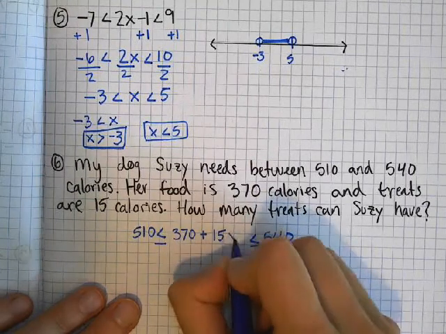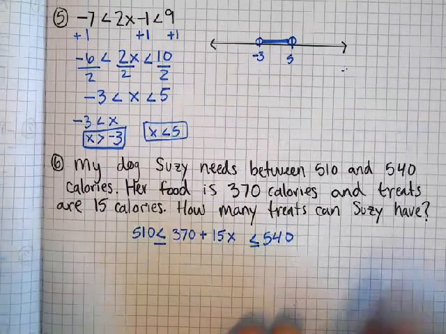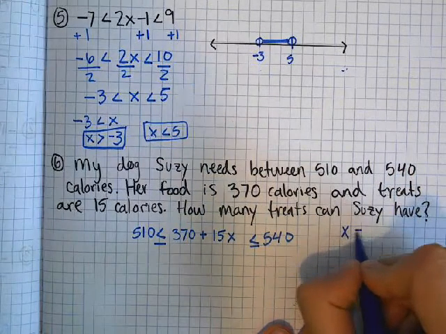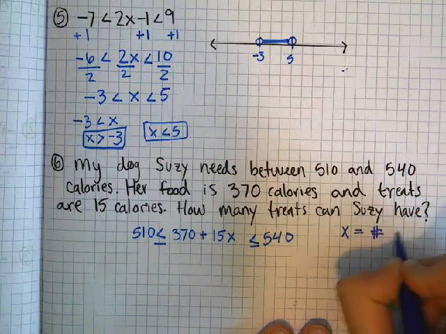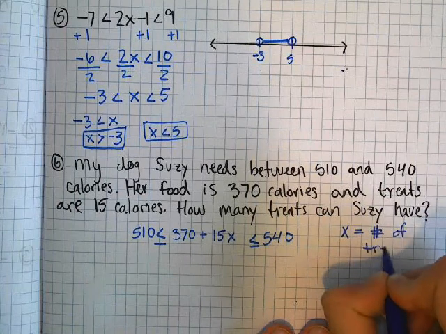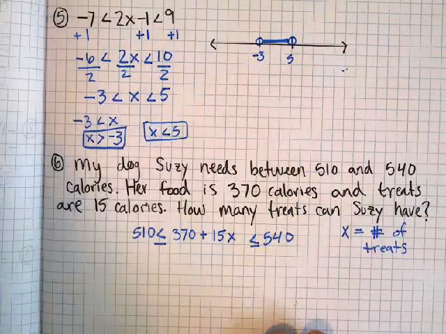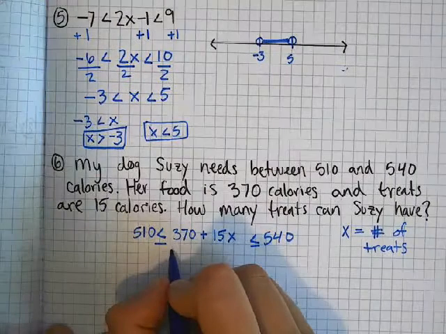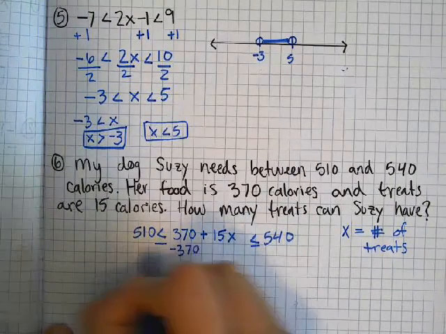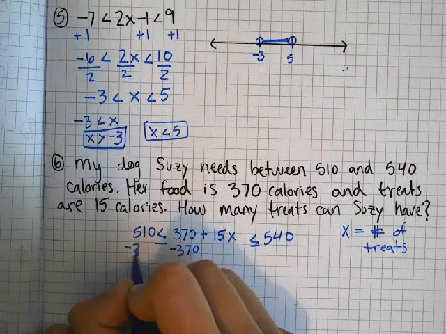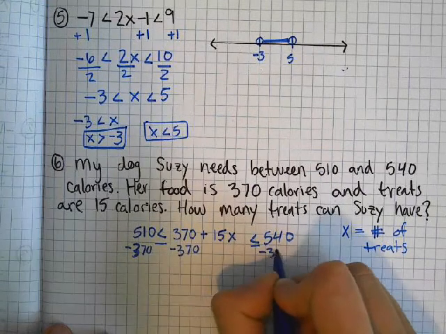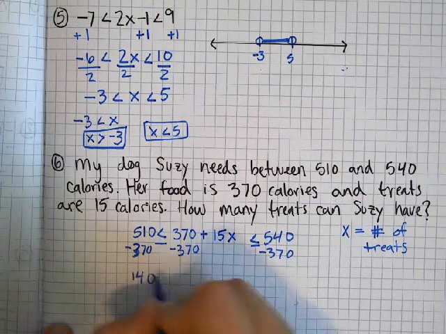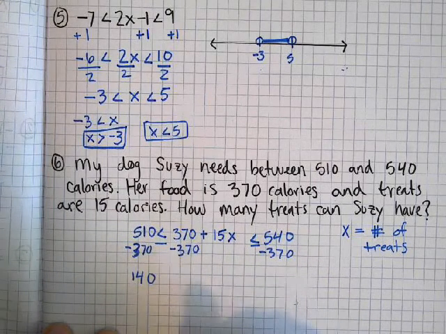Her food is 370 calories plus however many treats we want to give her. Now we put a variable here. Let's say x is the number of treats. We can give her any number of treats, but they're all going to be 15 calories each. So we can solve this by subtracting 370 on both sides, so we can see how much we have left for treats.